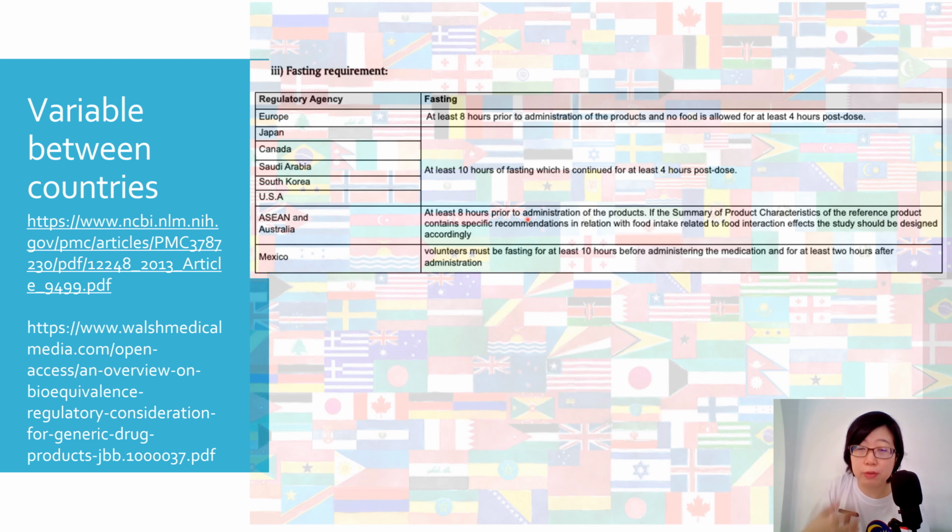So if a BE center wants to produce a BE report which can cover all the different countries, including the US FDA side, they'll just standardize and follow the longest one, I guess. You can just say at least 10 hours, then it hits every criterion here. Okay.